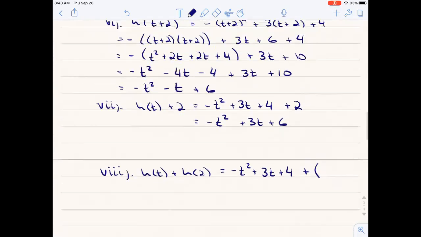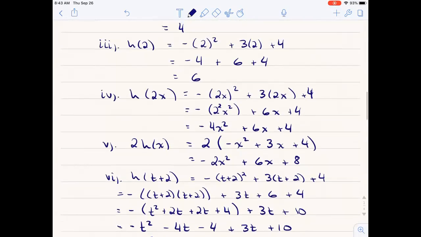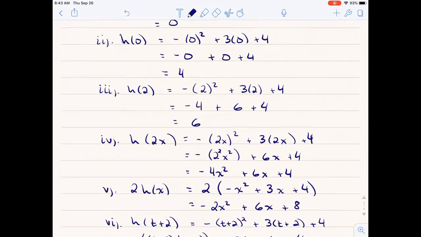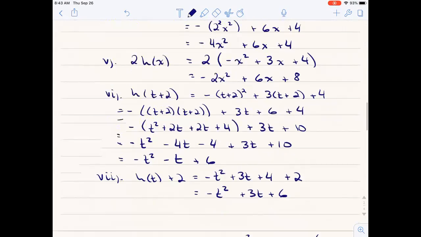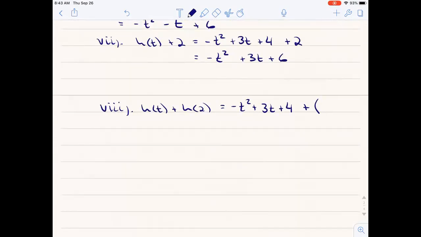I think we solved for it already. But just in case, we did solve for h of 2, so you could just put in 6 if you want. But just to show, I'll do it again. Oh, maybe I don't have room. Hang on. I'll make room. Plus negative 2 squared plus 3 times 2 plus 4.